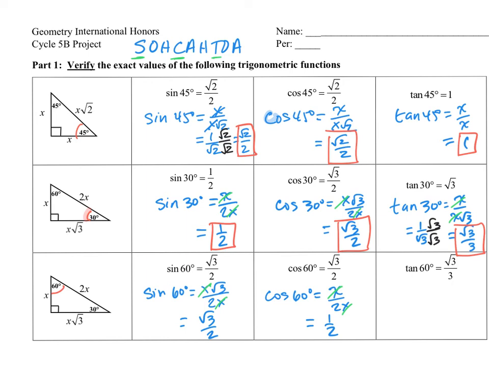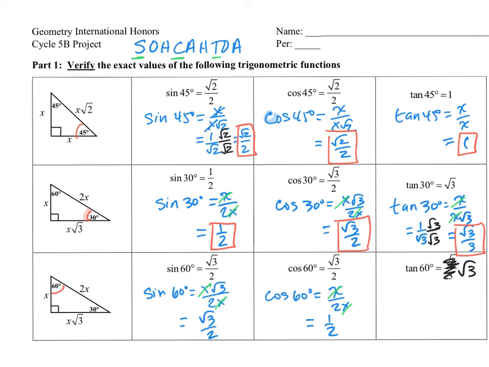And then last but not least, let's verify that the tangent of a 60-degree angle is square root of 3. So if tangent is opposite over adjacent, let's look at our diagram. The opposite side is x square root of 3. The adjacent side is x. So I just realized I have a typo here. This is supposed to say square root of 3. I apologize for that.